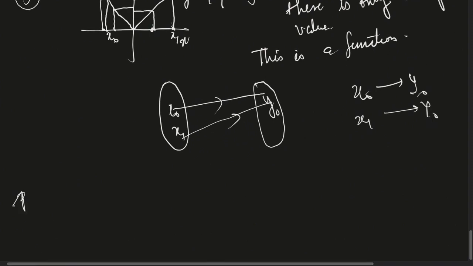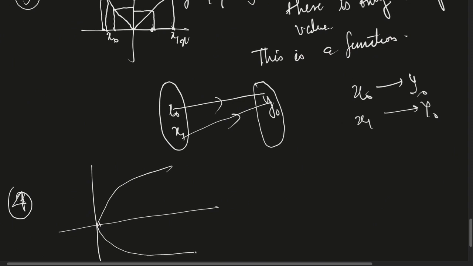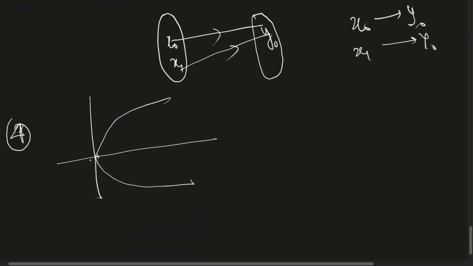Now if we reverse the case, let us see this condition. This is nothing but a parabola. This is y, this is your x. Now let us see for each x. For this x, this is one of the y values, and this is another y value. So if this is x1, this is y1, this is y2.